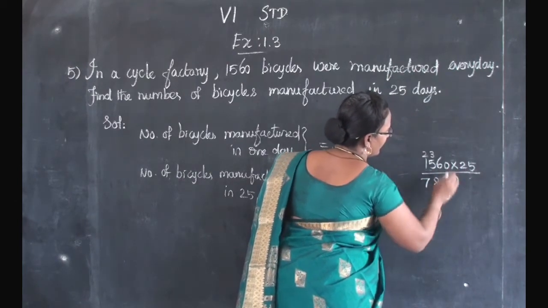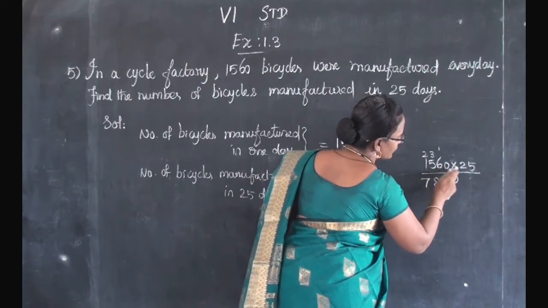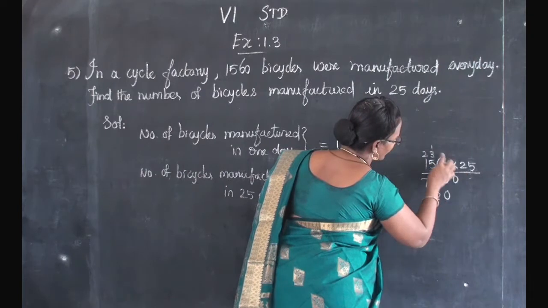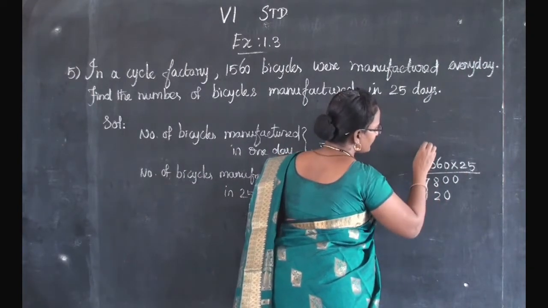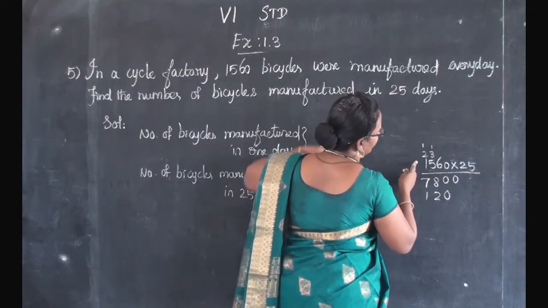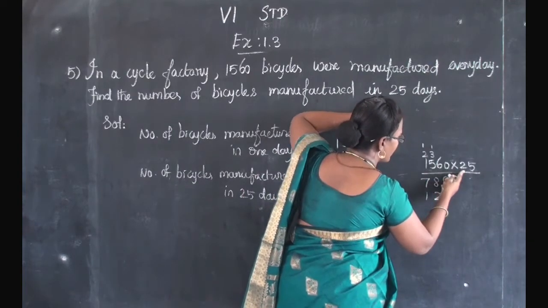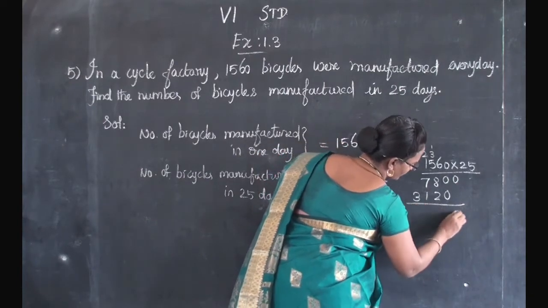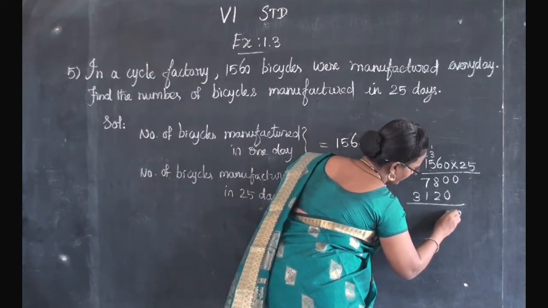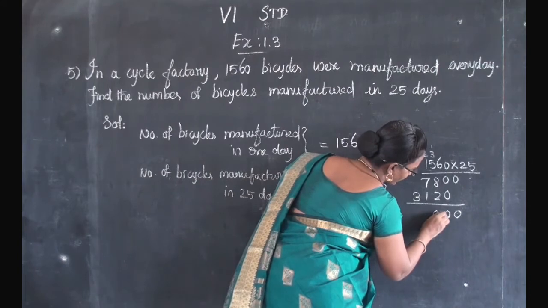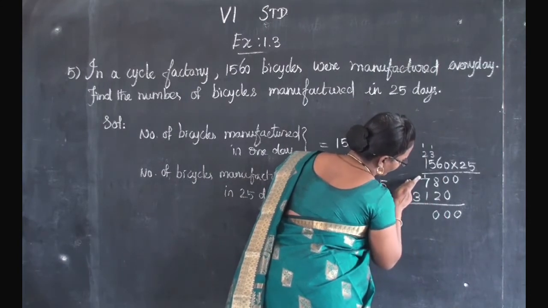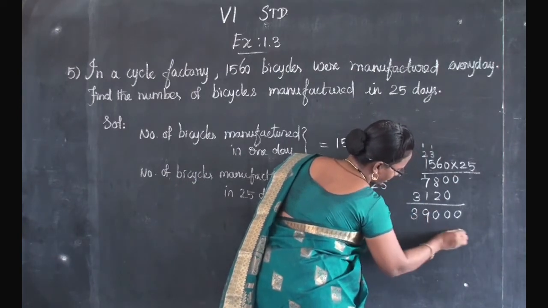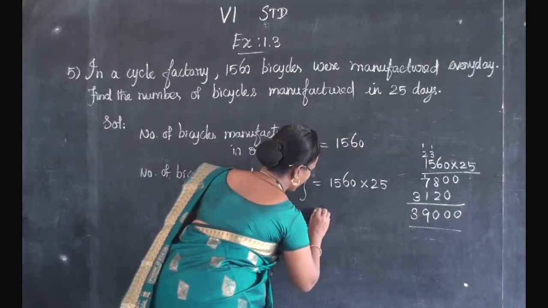Put 2 here and carry over 1. 5 twos are 10 plus 1, 11. So put 1 here and carry over 1. 1 two is 2 plus 1, 3. Add these numbers. 8 plus 2, 10. And 1 plus 7, 8. 8 plus 1, 9. 3 here.